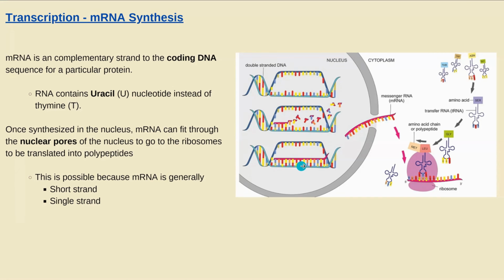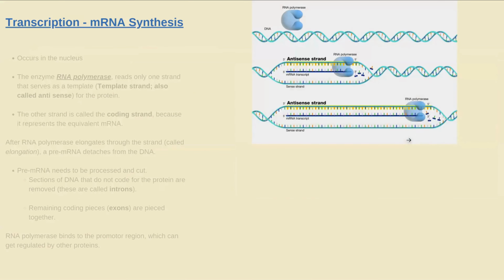After the mRNA is fully completed, it will dislodge and migrate to the ribosome outside of the nucleus. Okay, so let's take a look a little bit more in detail on how that works.